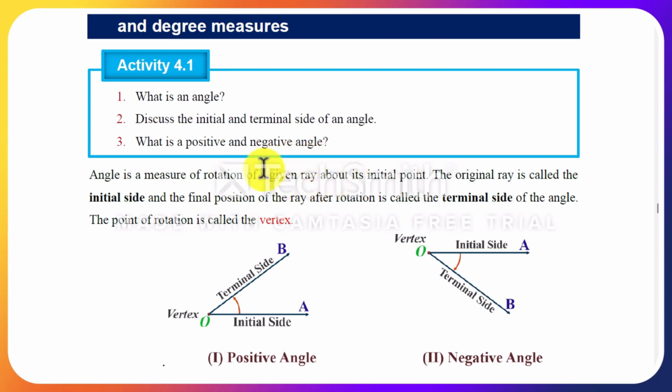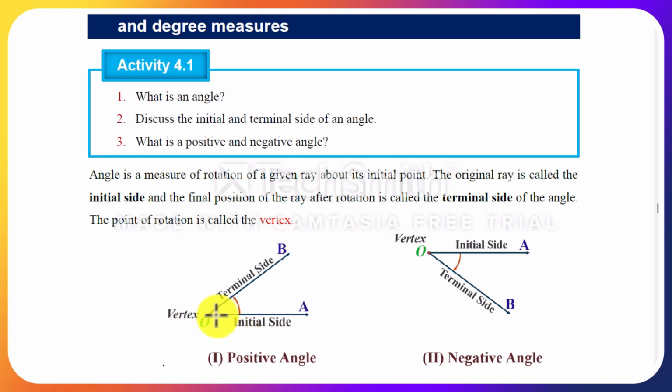You know that a ray has only one end point. For example, in this case, this is ray OA, and O is the initial point of this ray.